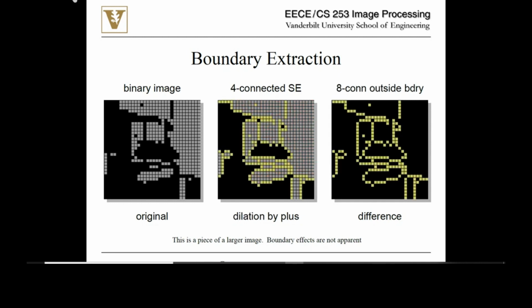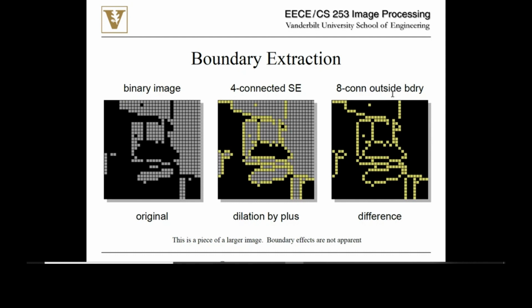Now, let's say that I take the original, and instead of eroding, I dilate with a Z4. Z4 is this cross kernel. And now I compute the difference between the dilated minus the original. Dilated minus original is now an outside boundary.